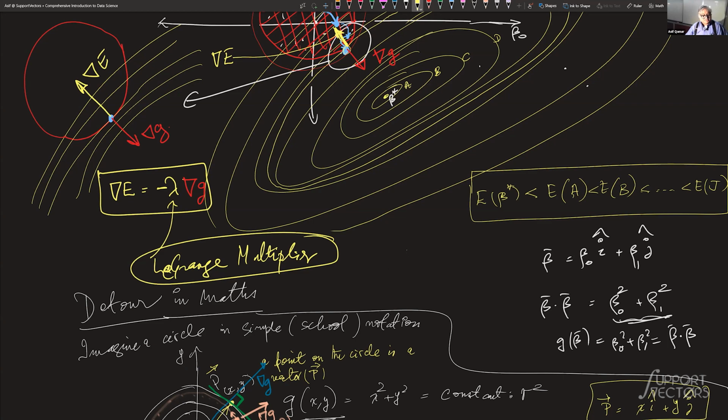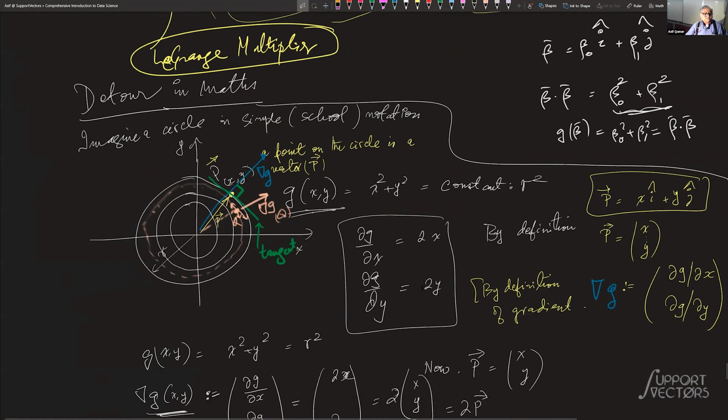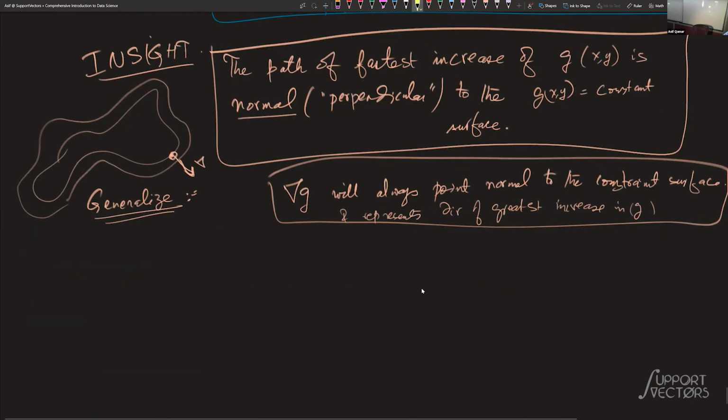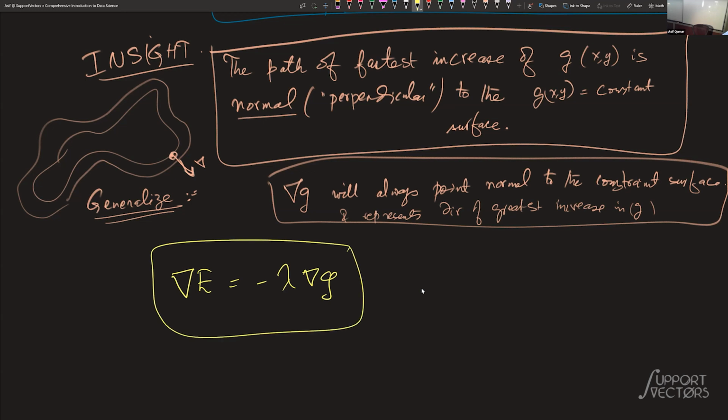And what this equation says, I will rewrite this equation here. The equation we came up to is that the gradient of some function E is equal to minus, in this particular case, obviously, I made it very real with respect to this, but it is a general truth in mathematics.